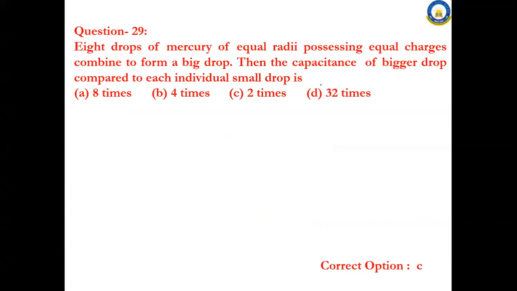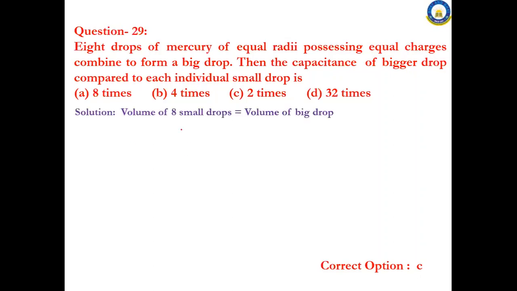So here, this is like a recasting type of question which you used to get in mathematics in your lower classes, right? What happens when smaller objects combine together to form a bigger object? Volume remains constant, right? In the two cases, the volume will remain constant. So the same thing we will be using here.